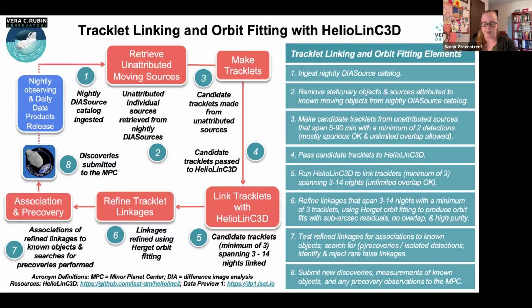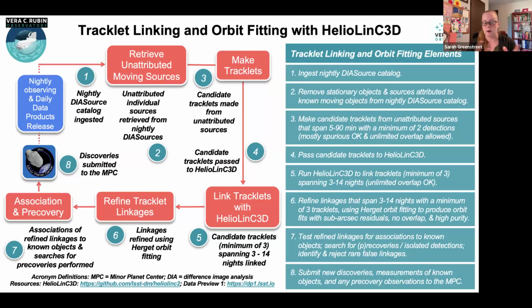Those candidate tracklets will then get passed to HelioLink, and they will be linked together. So candidate tracklets, where you have a minimum of 3 of them over 3 to 14 nights, will then get linked together using this specific step within HelioLink.